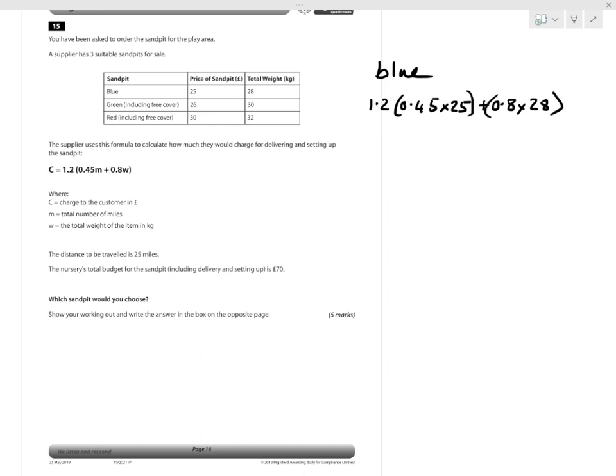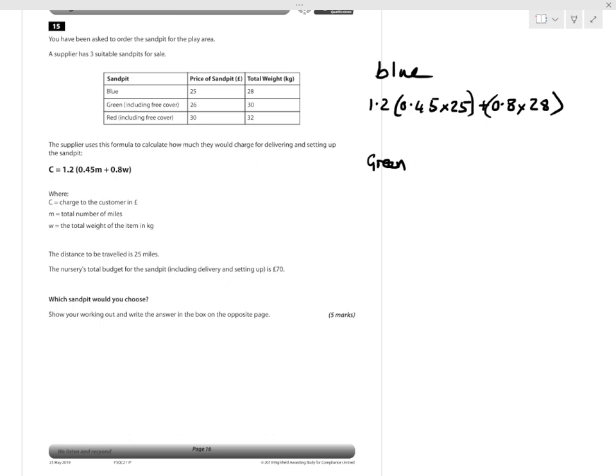Yeah, that's the blue. The green includes a free cover. I like the idea of that. Let's find out how much that blue one is.